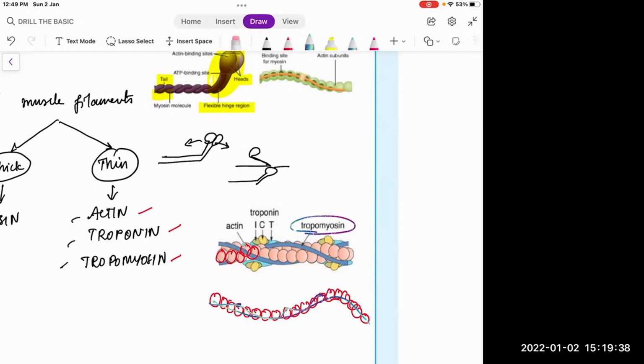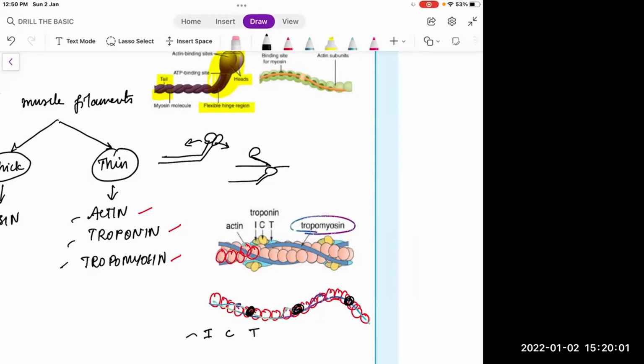And in order to keep the tropomyosin and actin stuck together, you will also have another structure called troponin, which is present in between. This troponin has three sites: I site, C site, and T site.